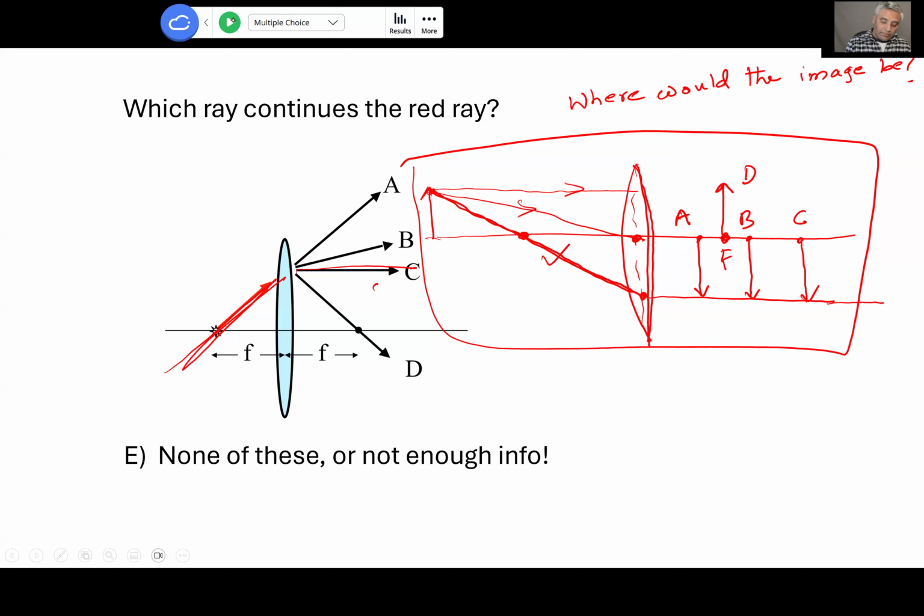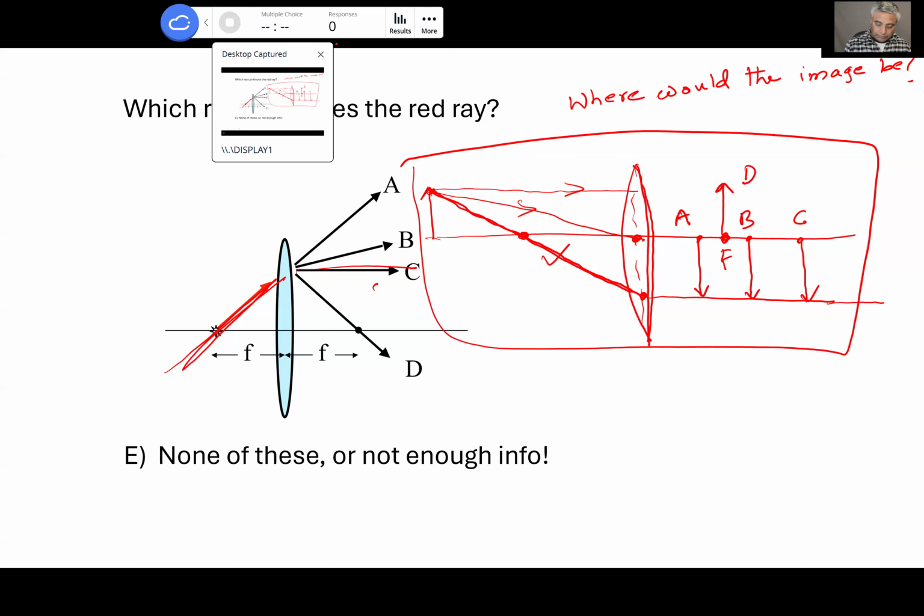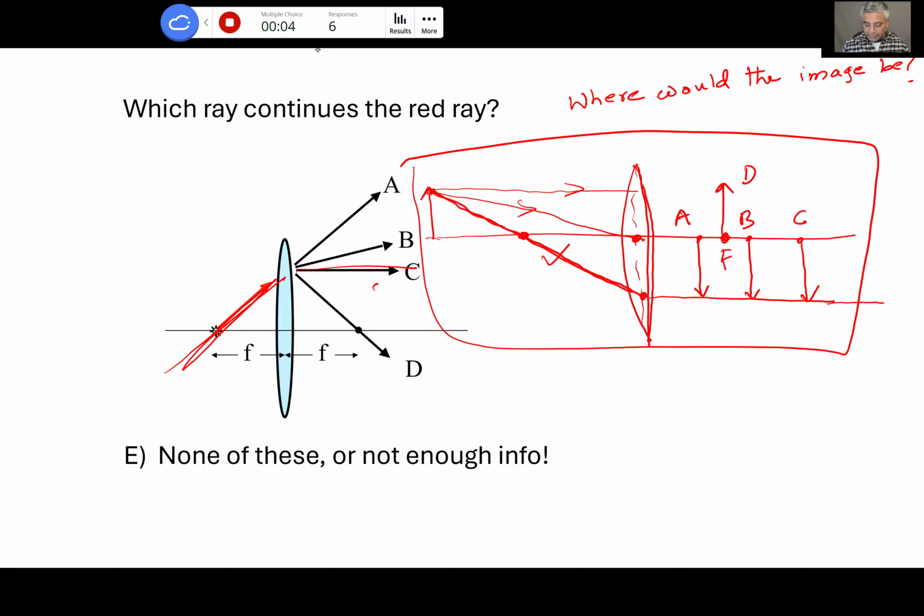So now I'm opening the poll. Is it okay if you repeat the question one more time? Yeah, so there is an object.